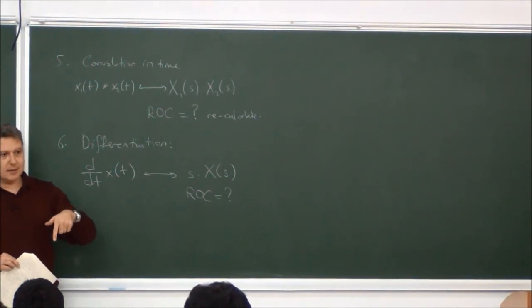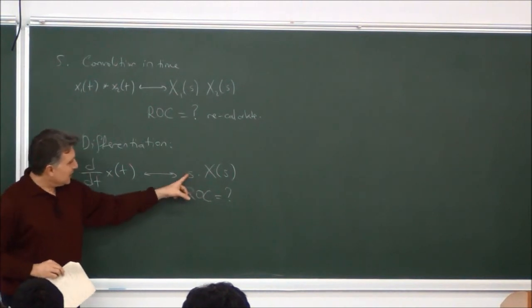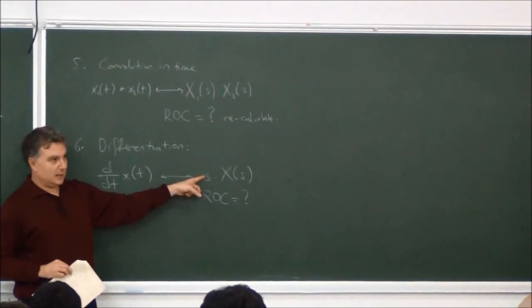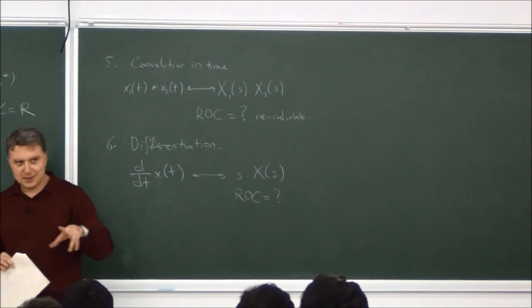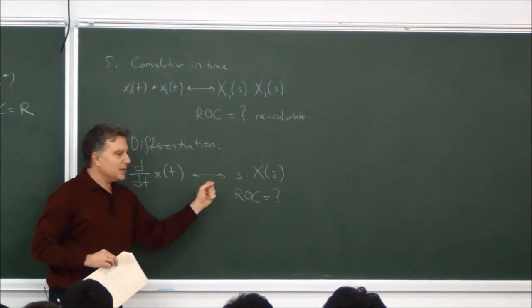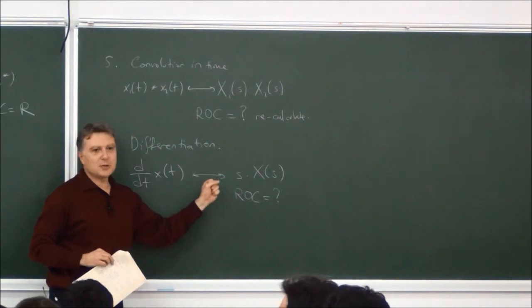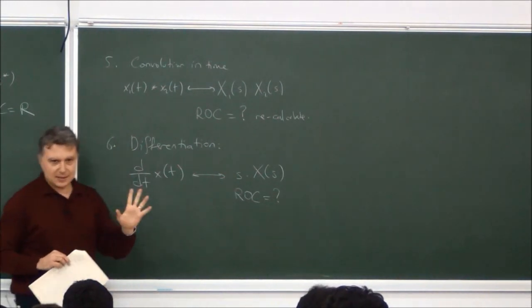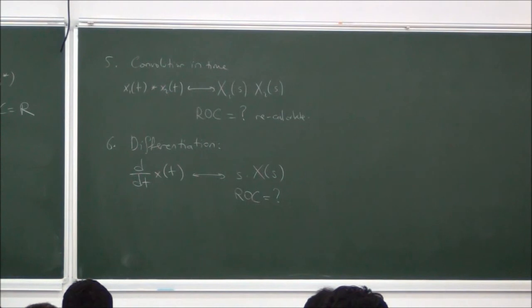That s in the denominator will be cancelled by this multiplicative s, and the pole will be different then. So be careful whether you're eliminating a pole at s is equal to 0. Okay, be careful about it. That's the only thing that we have here.